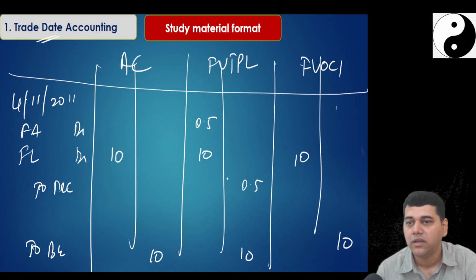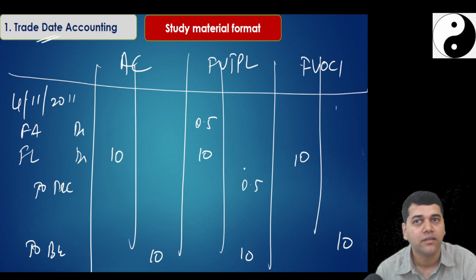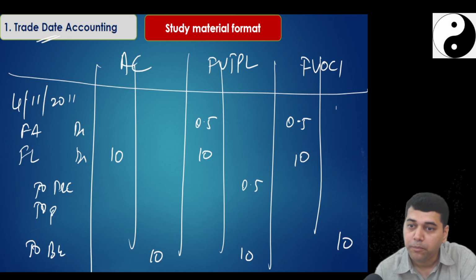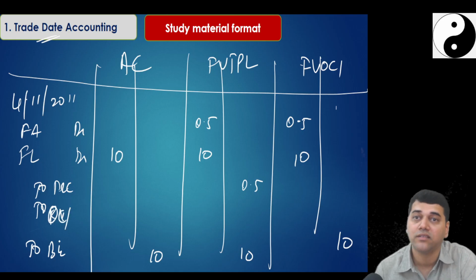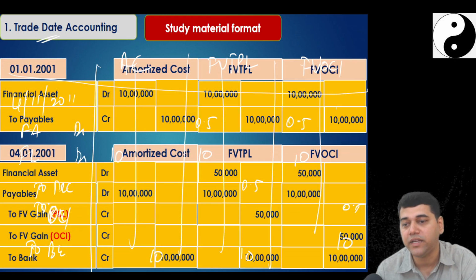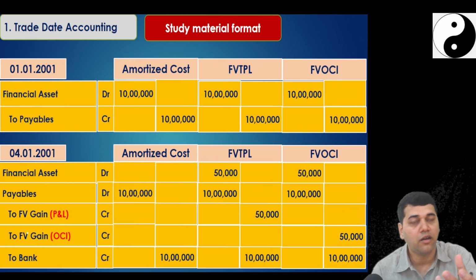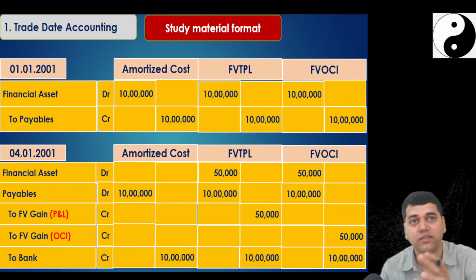Perfect. If it is FVOCI, again 0.5, but to OCI, 0.5. So this is the accounting entry you would have passed, and you see the differences between trade date accounting and settlement date accounting.